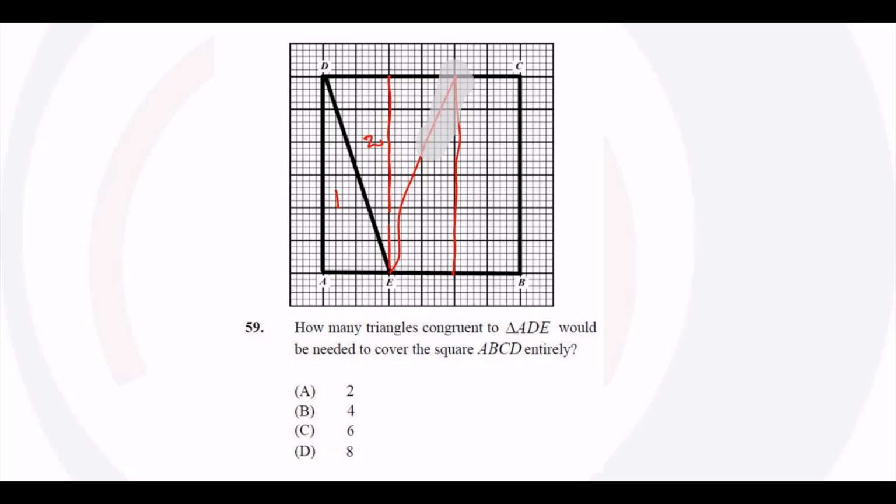Let me draw another line here, and we cut it again. We get 2 more congruent, 3, 4. And then cut it again here, so we get 2 more, 5, 6. So we can get 6 congruent triangles to cover the square ABCD.